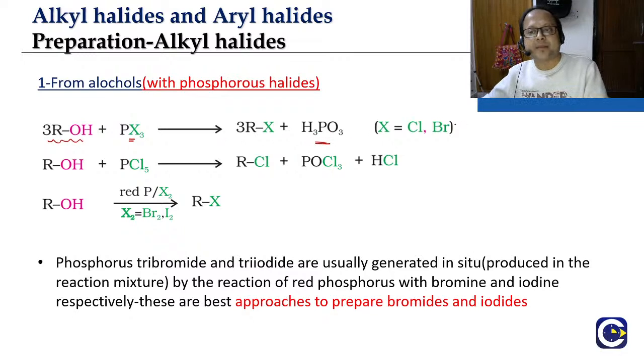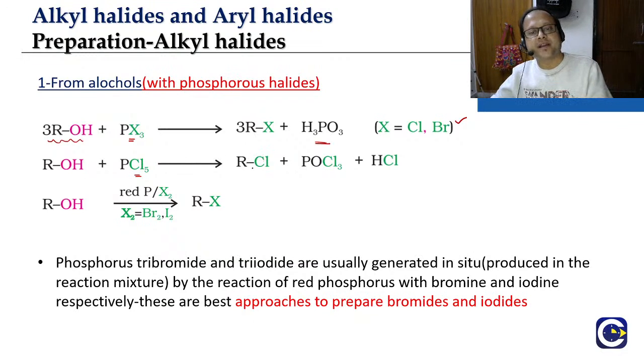But this is applicable only with chlorine and bromine, right? And if you use pentahalide, only PCl5 can be used, because PBr5 and PI5 do not exist. PBr5 is highly unstable, so PCl5 will still work, right?